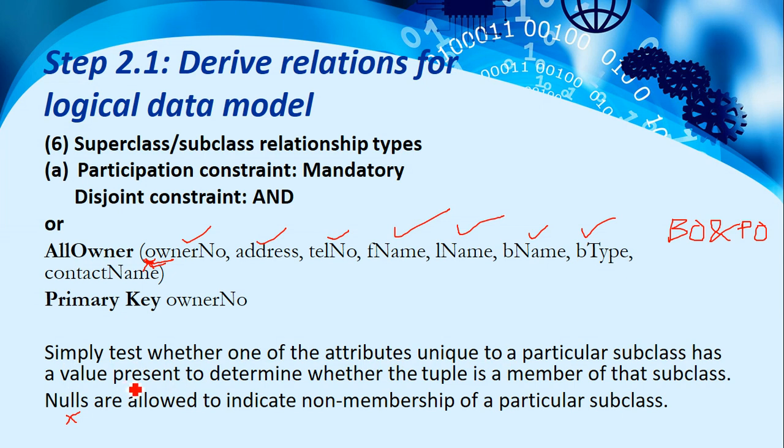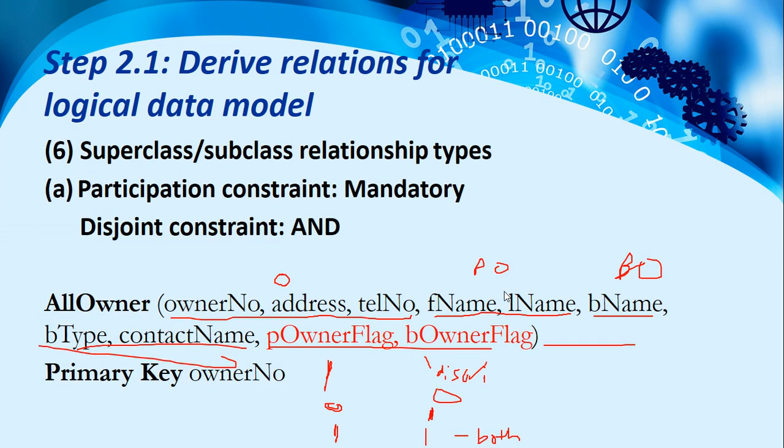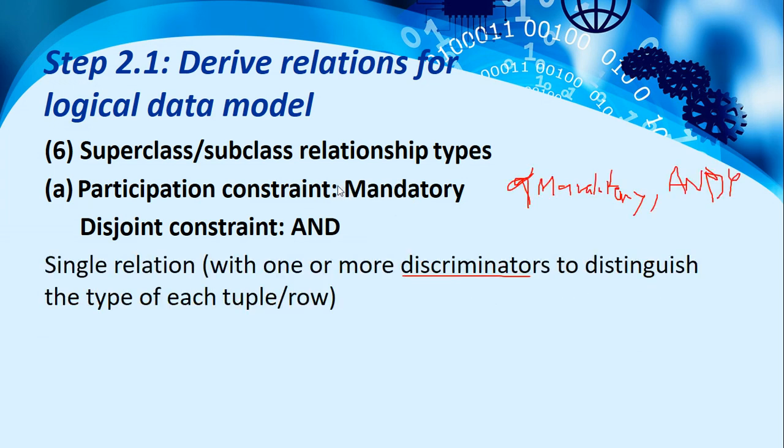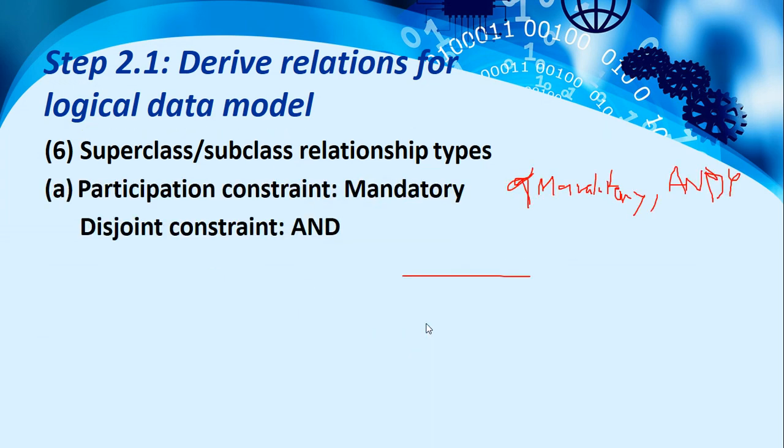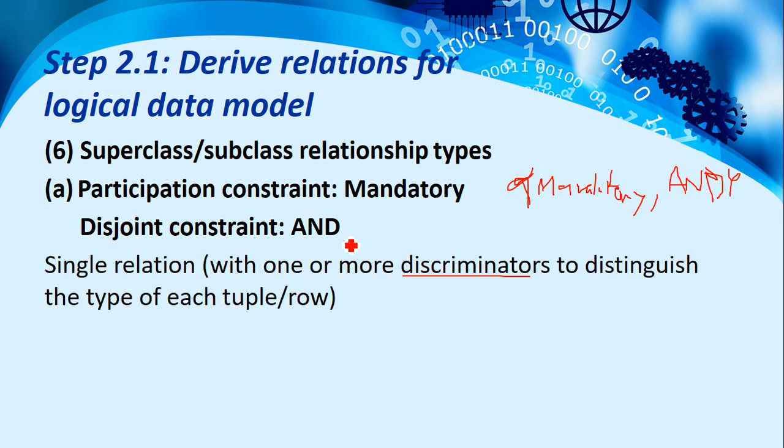Okay. So yun. Again, there are three ways how you're going to implement to derive a relation in a scenario where yung participation constraint is mandatory, the disjoint constraint is and. So you just extract or derive a single relation.